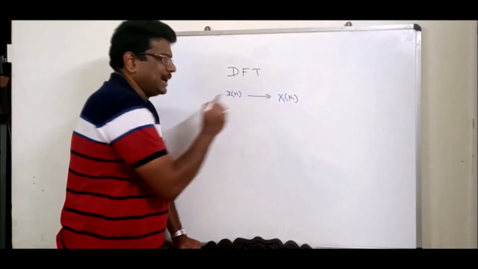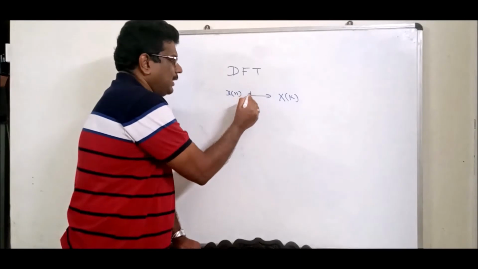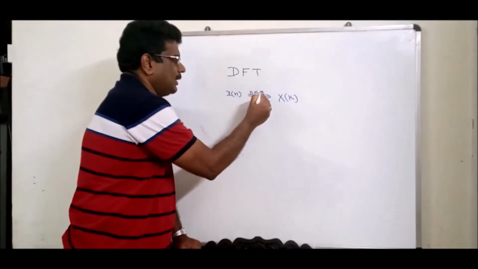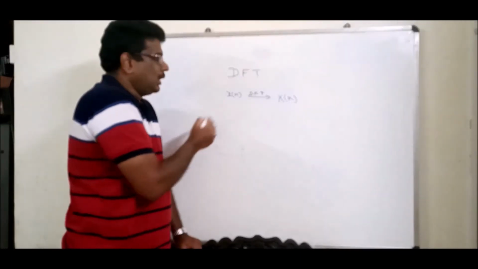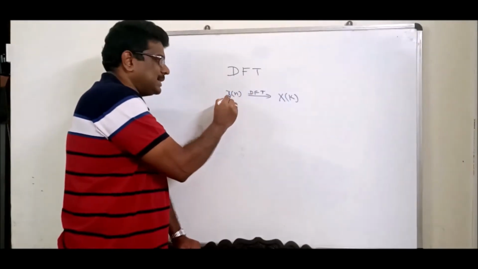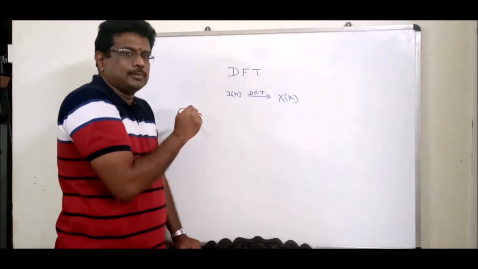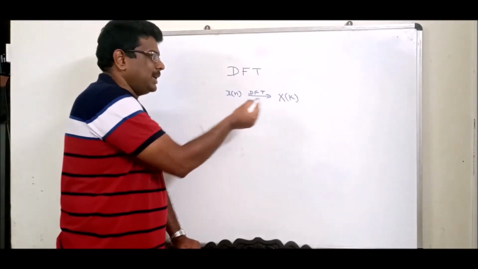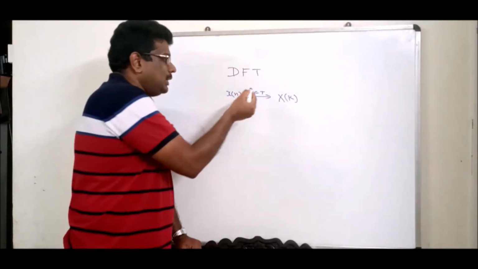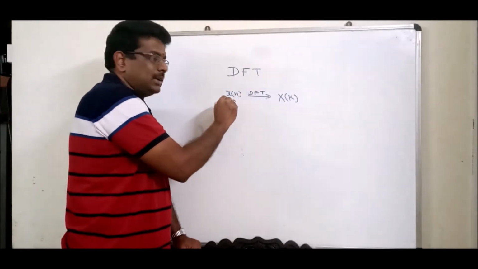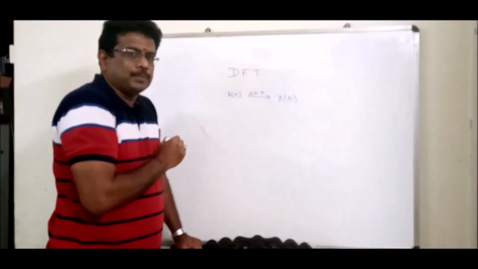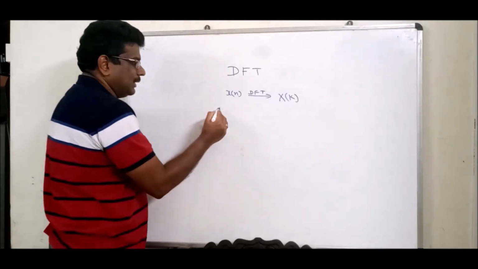If I make a statement like this and write DFT here, you should know that DFT of x of n is x of k. I am repeating, this is time domain, this is frequency domain. DFT of x of n is x of k.